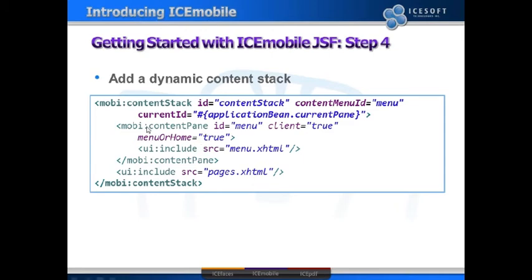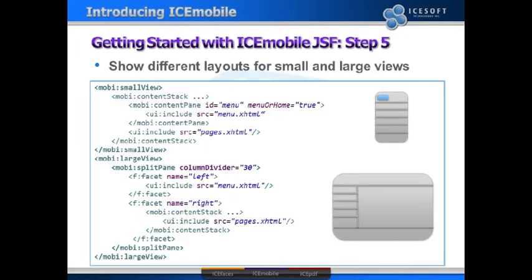Now inside here, I have one pane that's for the menu, and some other panes that are in a separate page here, just some sample panes. So what kind of different UIs do we want to show to a phone versus a tablet or desktop?